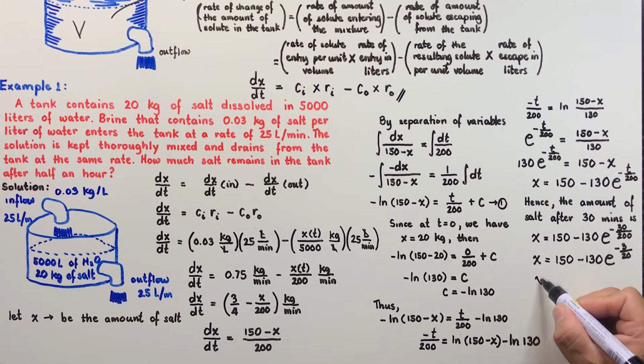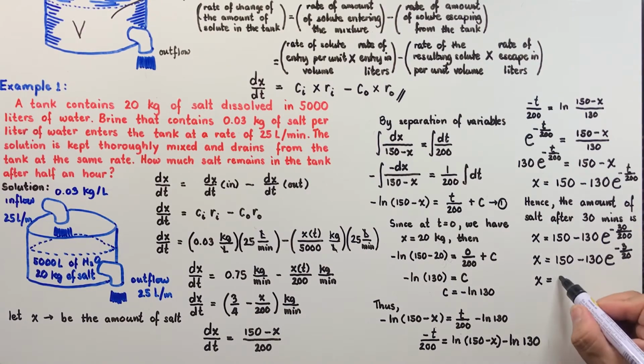And using our calculator, we know that e to the power negative 3 over 20 when multiplied to negative 130 is equal to negative 111.89.